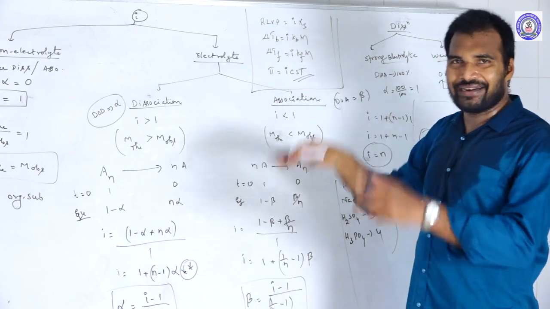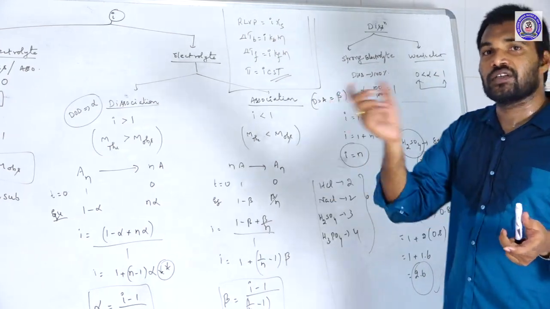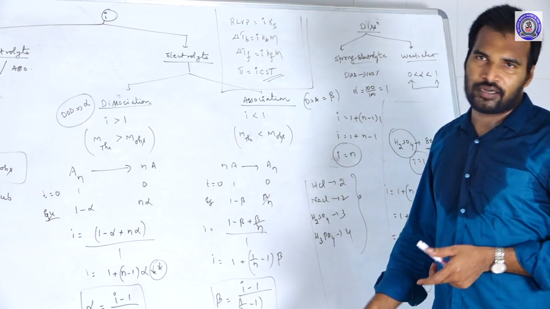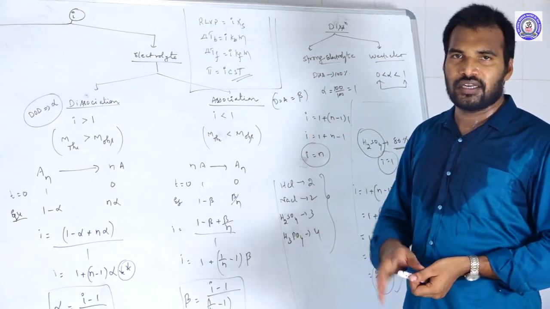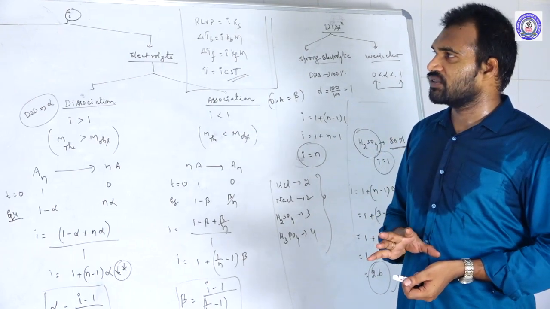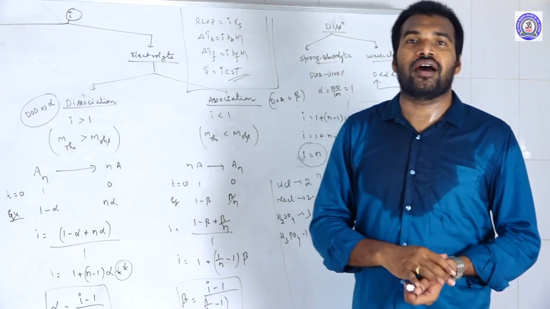So like this they included the Van't Hoff factor in the equations so that there was no abnormality in the molar masses. So this is about the colligative properties. The main advantage of these colligative properties is the determination of molar masses.